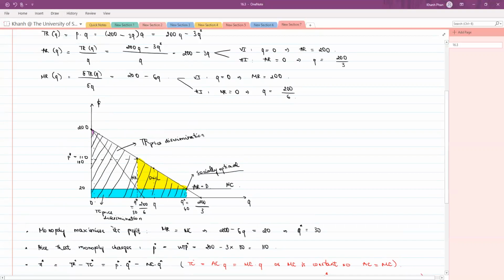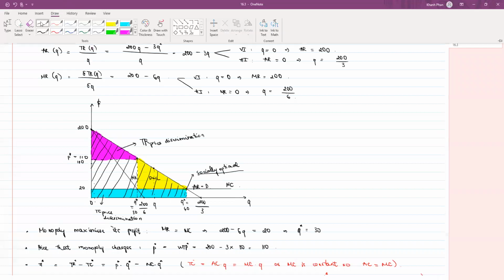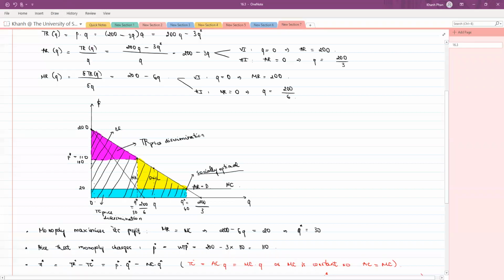So it's going to be the little triangle over here at the top. It's basically the difference between whatever the consumer is willing to pay and what they actually have to pay for all the units they bought.